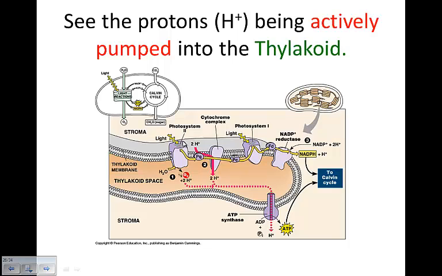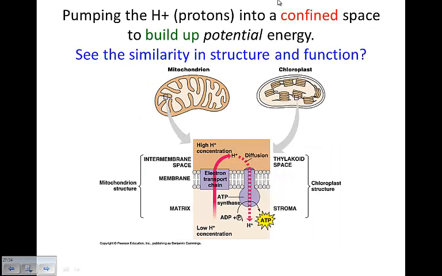So as the proton concentration goes up inside the space, the protons go down in the stroma. That makes sense because they're being pumped. So a concentration gradient is created. This is a source of potential energy now. It's just stored up.